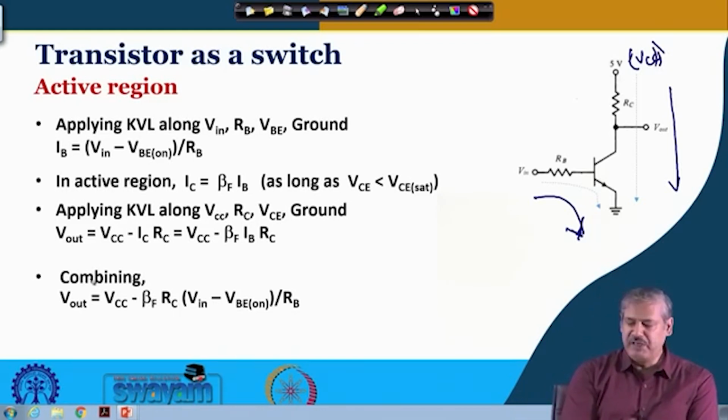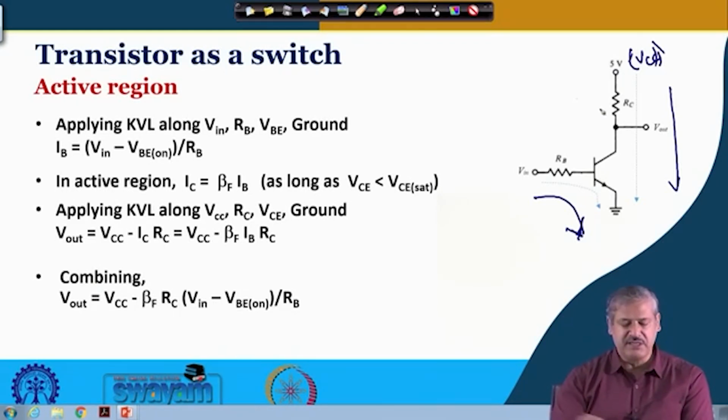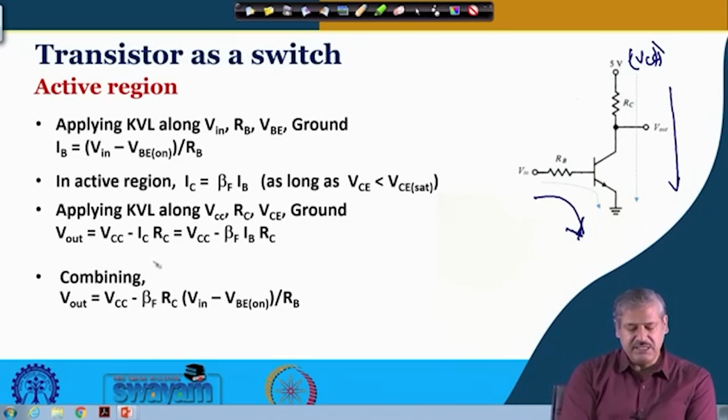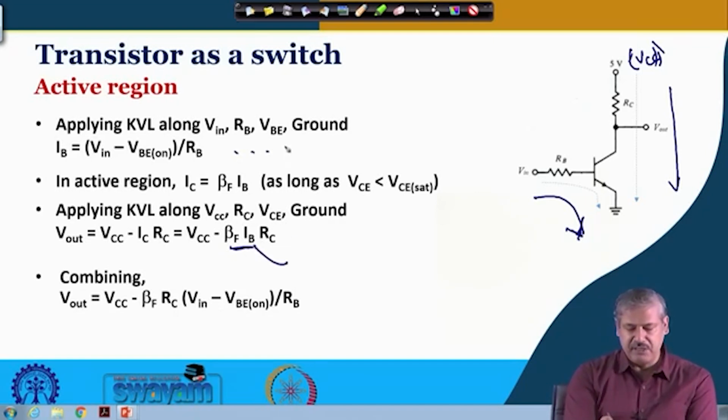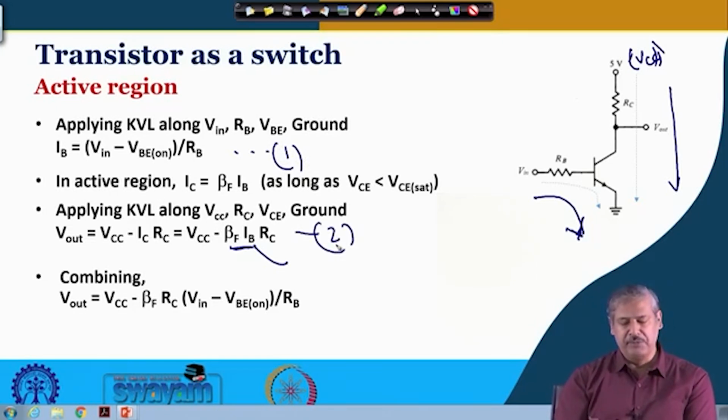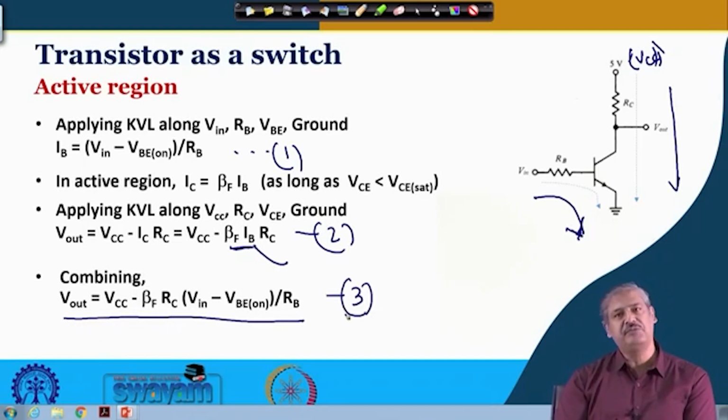So, V out is nothing but VCC minus ICRC, and this IC is nothing but your beta f IB, we replace it with this one. Now, this was your equation 1 and this is your equation 2. If you take the IB from equation 1 and place it here, this is the relationship that you get.